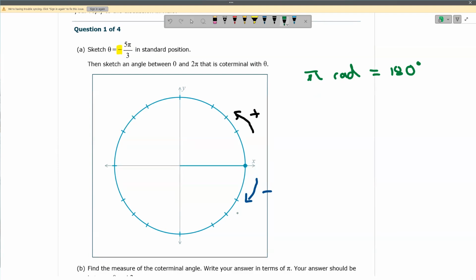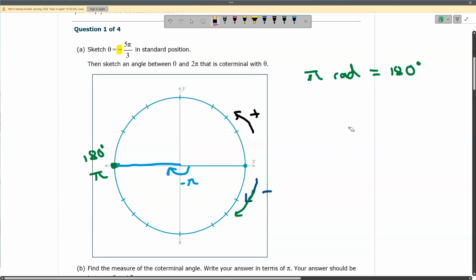If you go clockwise in this scenario, pi is exactly over here. This is pi radians, or 180 degrees. Now, if we go clockwise and your terminal side is here, this will be negative 180 degrees or negative pi radians.